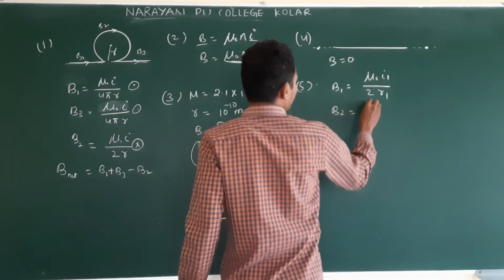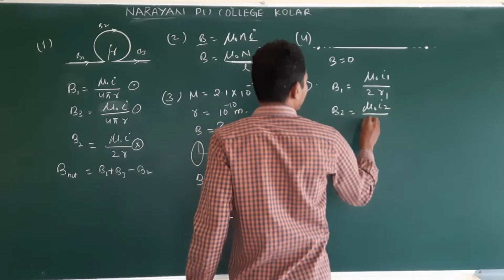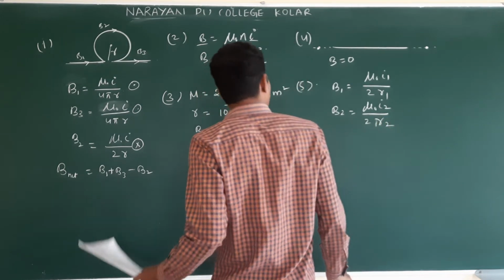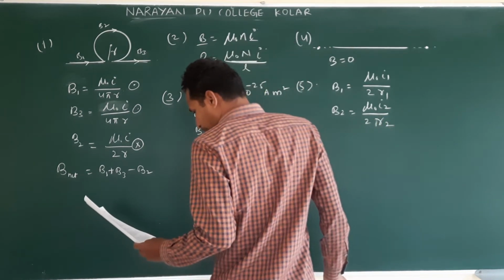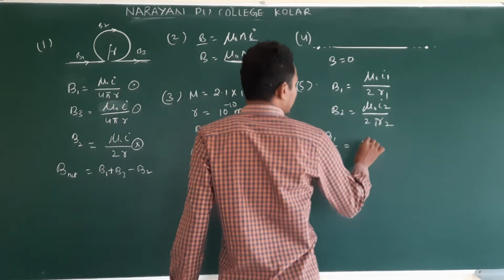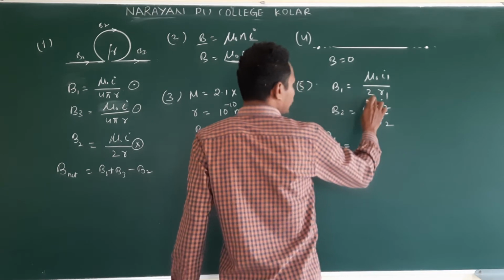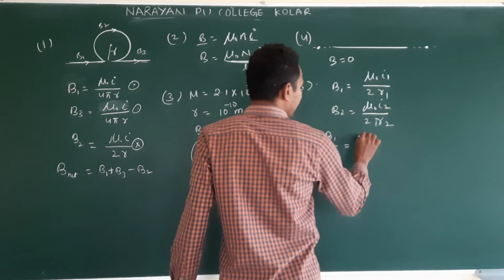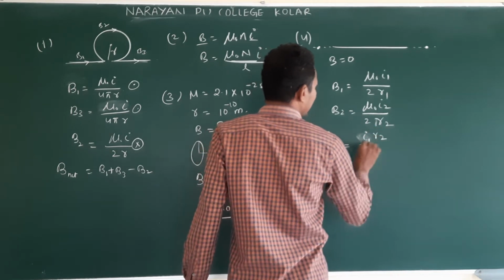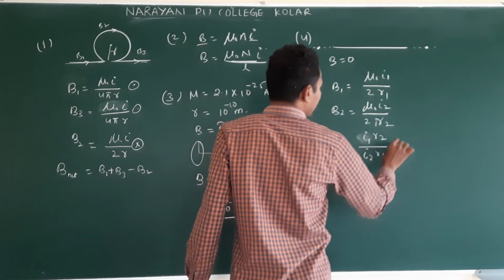B2 is mu naught I2 by 2 R2. What ratio are they asking? BA by BB, nothing but B1 by B2. Then what will happen? Mu naught by 2 will be cancelled. What do you get? I1 R2 by I2 R1.